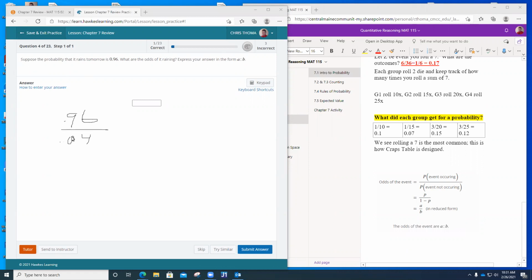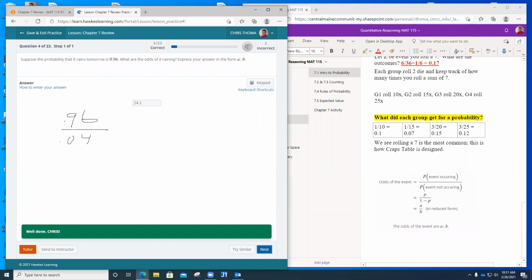On my calculator, I'm going to reduce this down, which becomes 24 over 1. So when we put this in as an answer, we put 24 colon 1. Again, the formula is in my OneNotes.